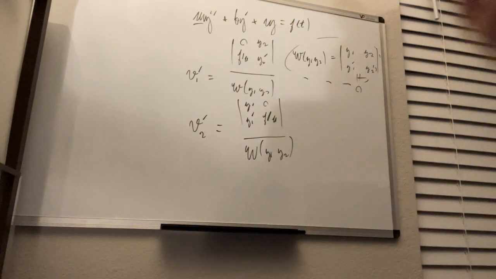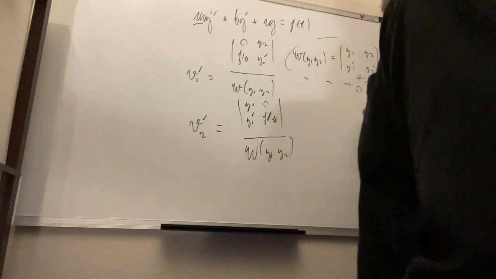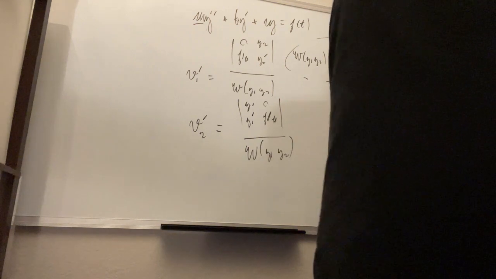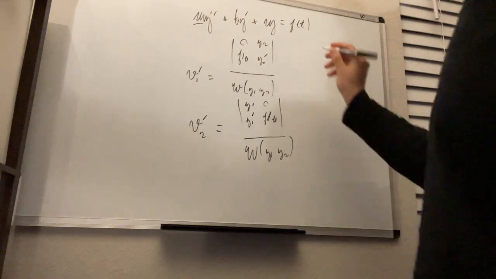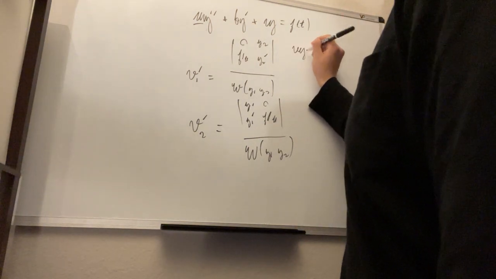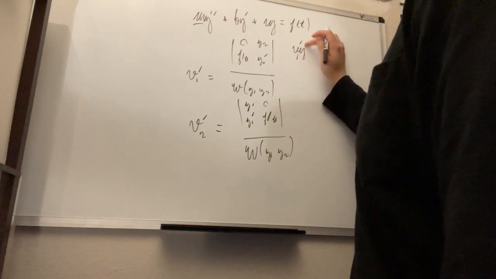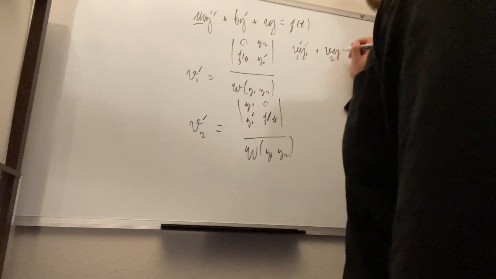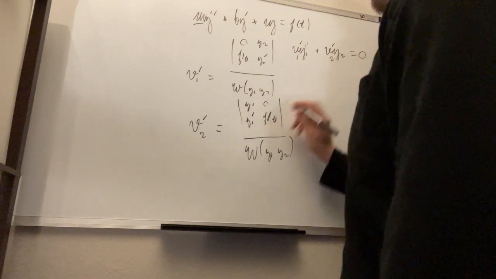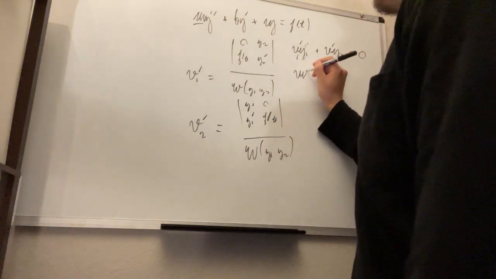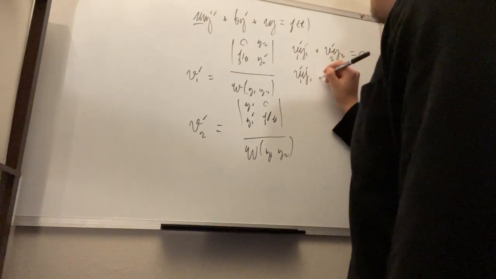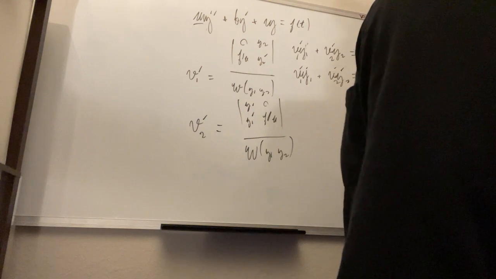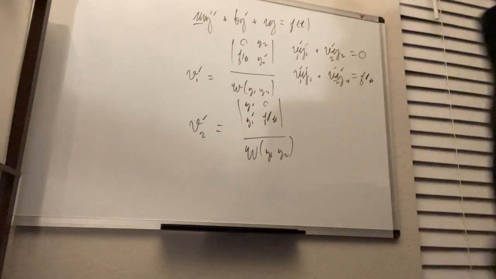Now, if you can't remember this equation, you can always go back to the original system, v1 prime y1 plus v2 prime y2 equals 0, and v1 prime y1 prime plus v2 prime y2 prime is equivalent to f over a, and you can solve it yourself.